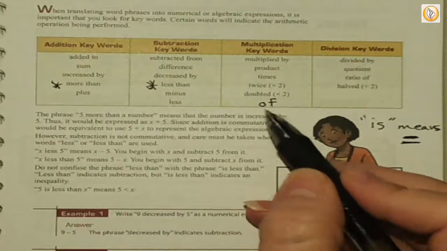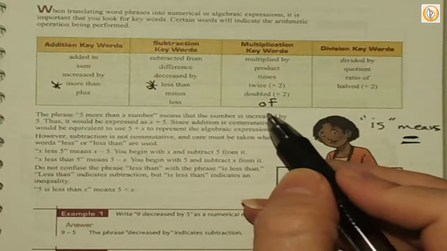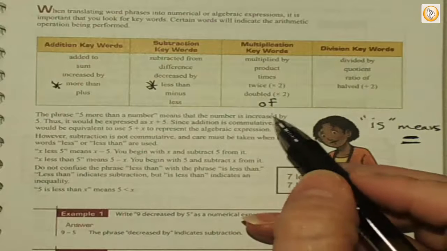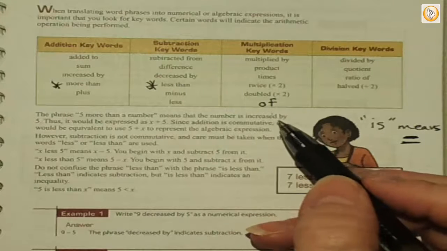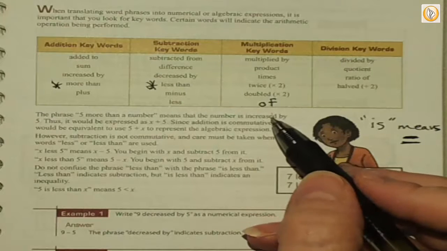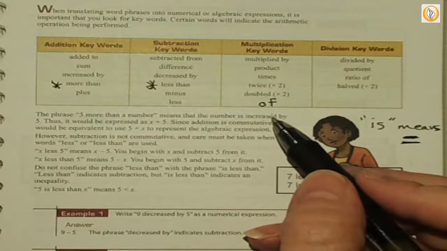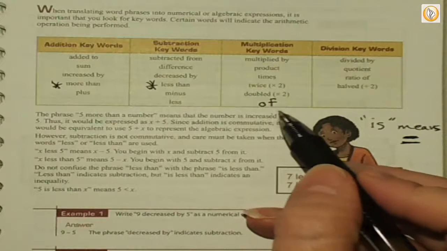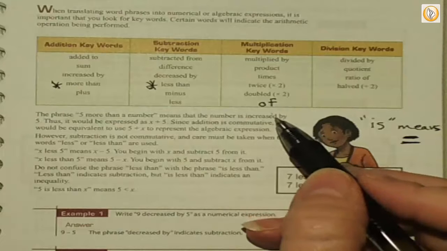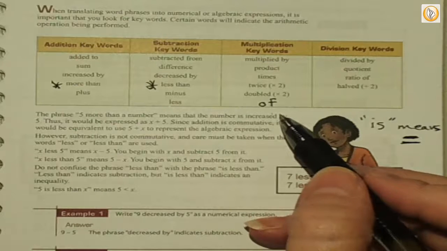Over here with multiplication, I want you to write the word of. You need to write the word of. 90% of the time when you have a math problem, like 40% of 13, you're multiplying. That's what that means. And if you learn that lingo, you'll be fine.